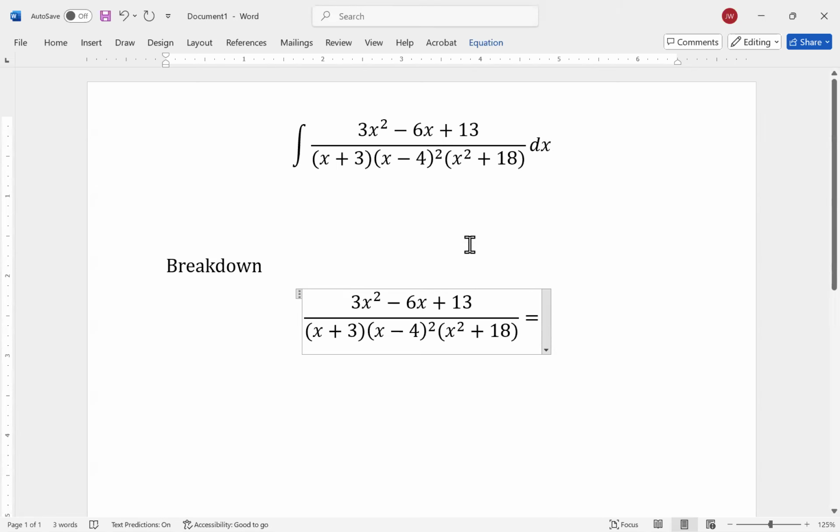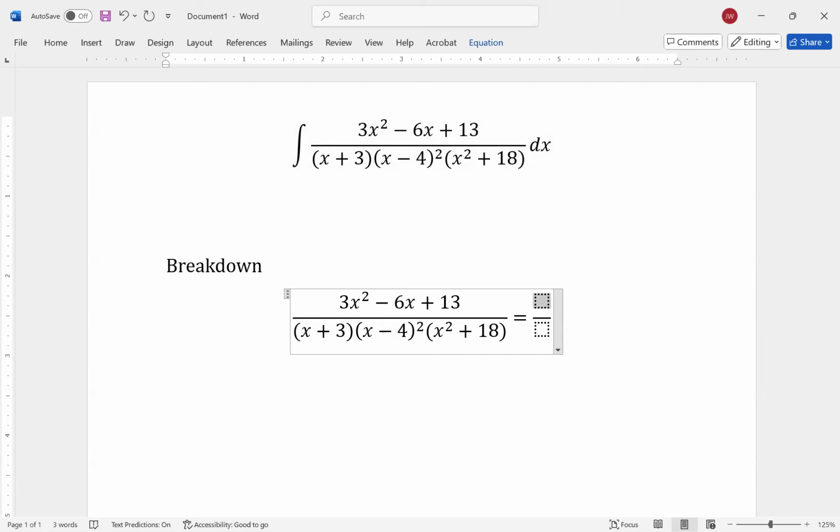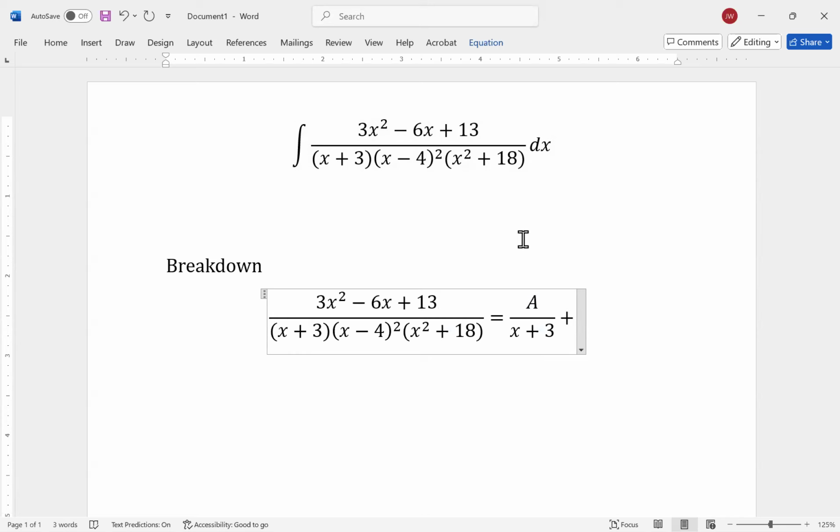All right, so let's do the breakdown. We have one linear factor that's not repeated, x plus 3. So that's going to be an a over an x plus 3. That's going to give me that type of a fraction in my breakdown. Then I have 2 copies of x minus 4.